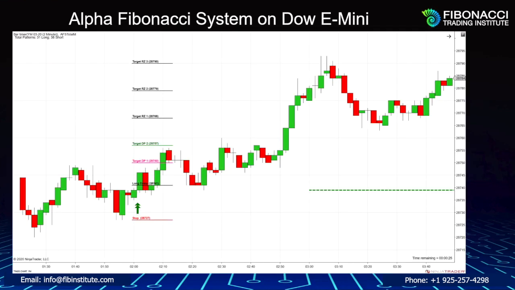Choice is yours. So here's an identical example from the Alpha Fibonacci Trading System on Dow Futures. Dow Futures at ultimate bullish trend inception, at ultimate Alpha Fibonacci reversal zone, and the trading system gives you an alert. So when the scanner lights up the alert, take a trade with precise stop, with precise targets.